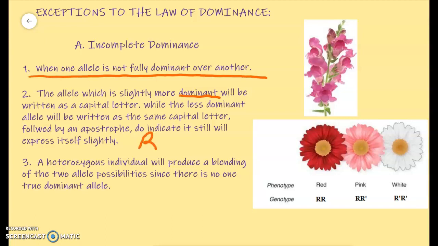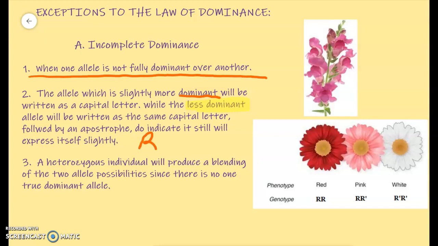Let's say red is incompletely dominant over white. Now, it would make sense for us to use the capital R to indicate red is dominant, but let's read on here. It says that the allele that is less dominant, so what I mean right here, this would be the one that we would consider to be recessive normally.